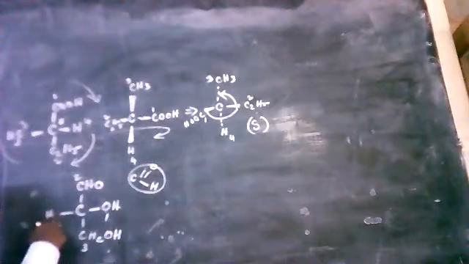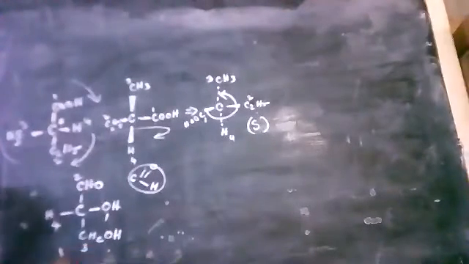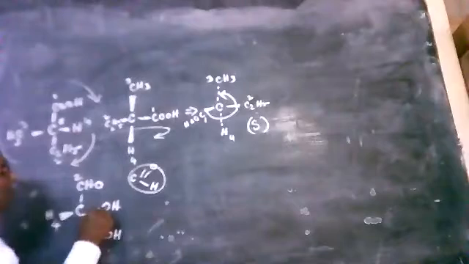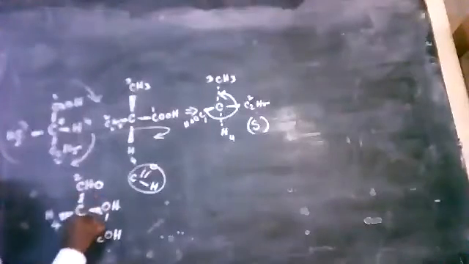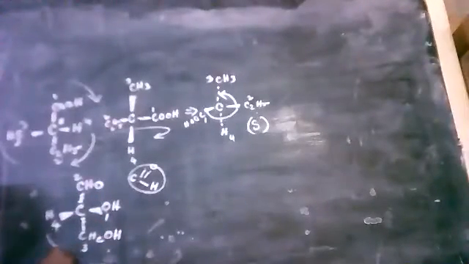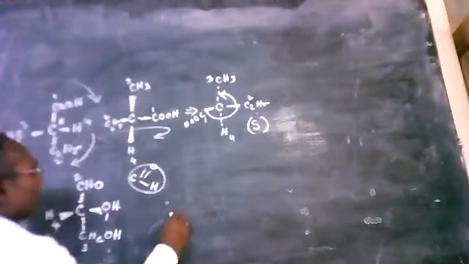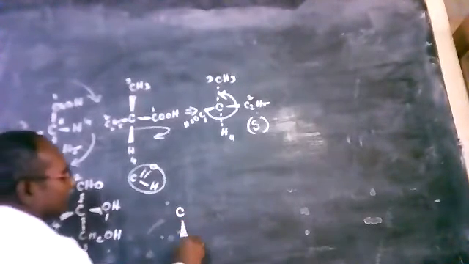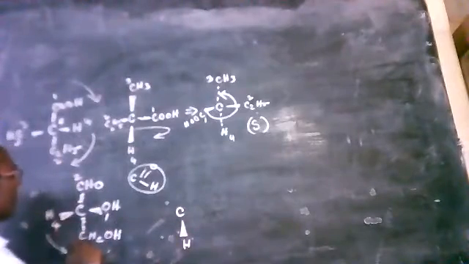Now I want to bring this 4 down. According to the Fischer projection, these 2 arms are projecting towards the viewer, whereas these 2 arms are away from the viewer. So I'm bringing it down by turning. When I turn the molecule like this, I'm getting the hydrogen here, right?